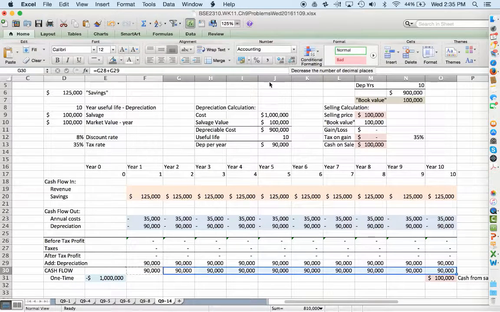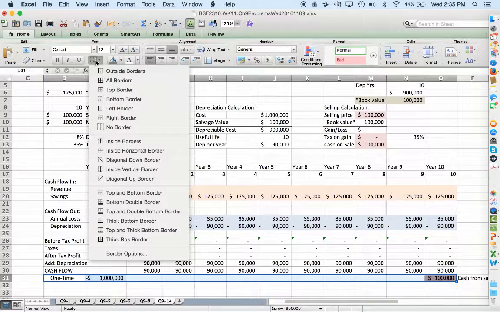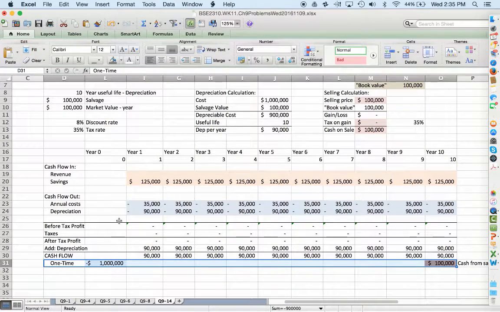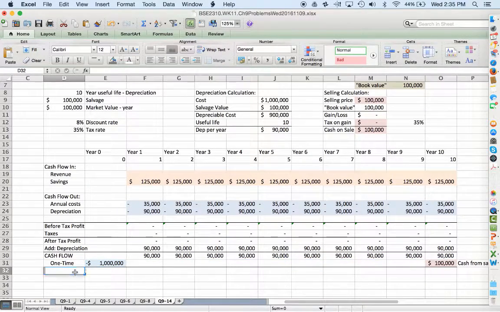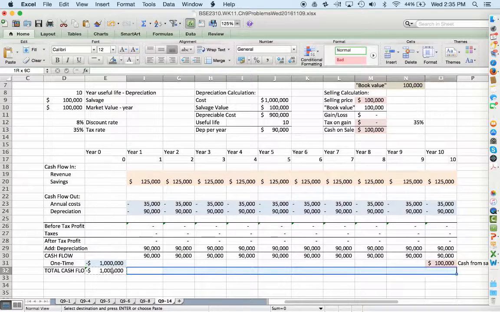And then the final thing that I will do is add in the one-time elements. So we will call this total cash flow, and we will include the one-time elements. I will summarize that all the way across.